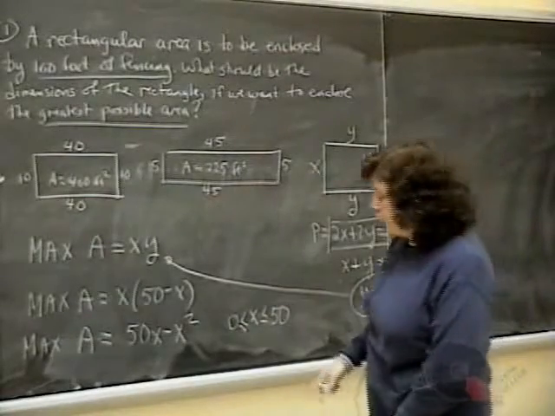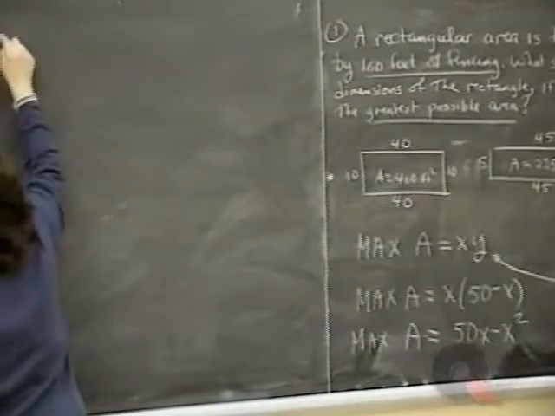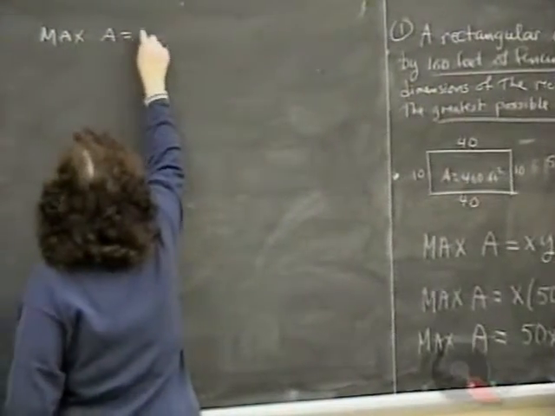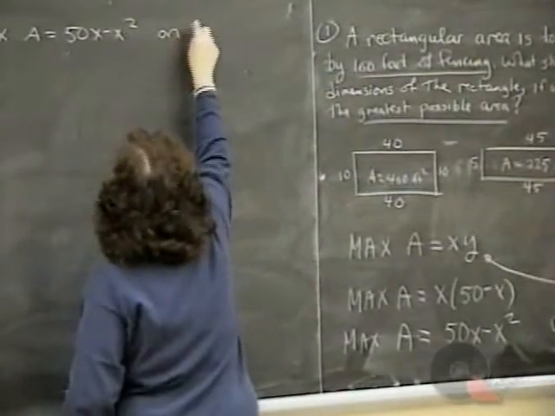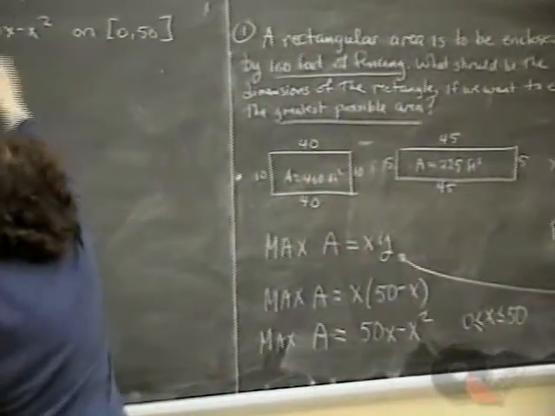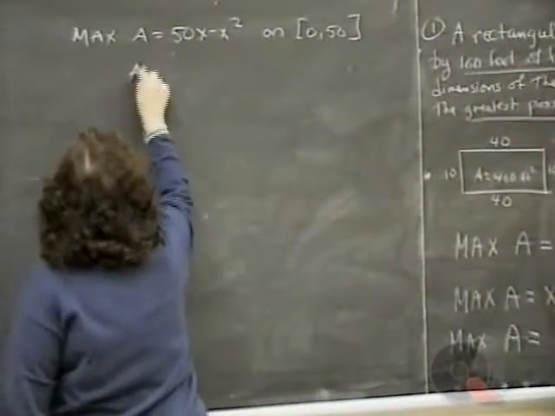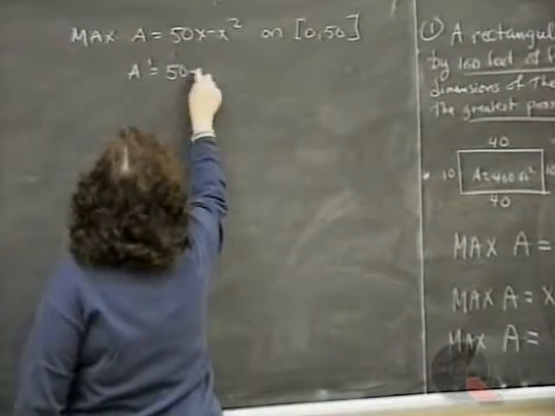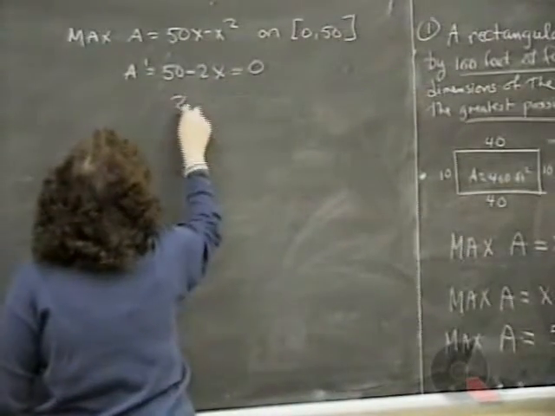Okay, let's try to do this. Basically, it's to maximize A, which is 50x minus x squared, on the interval from 0 to 50. Now if you call this f of x, it looks just like the problem we just did. And of course, we would take our derivative, 50 minus 2x, set it equal to 0, get our critical number.